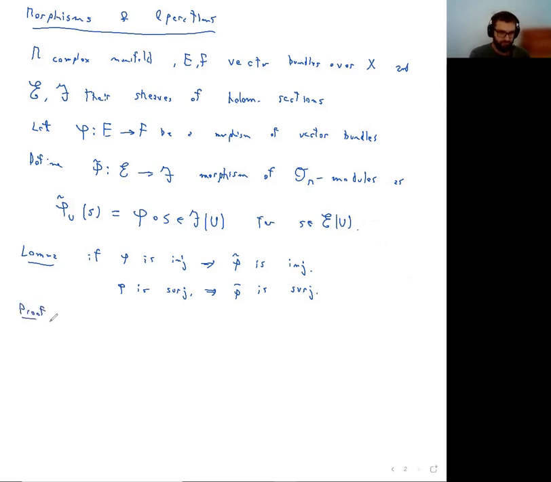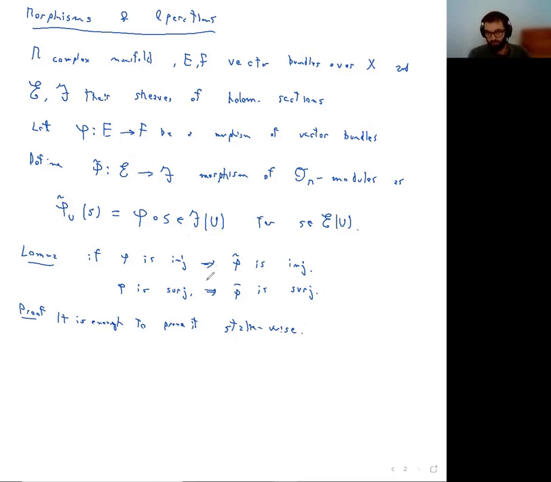So let's prove it. Well, the first thing is that it is enough to prove it stalk-wise, which is very nice, because the idea here is that stalks over a point basically represent local sections.